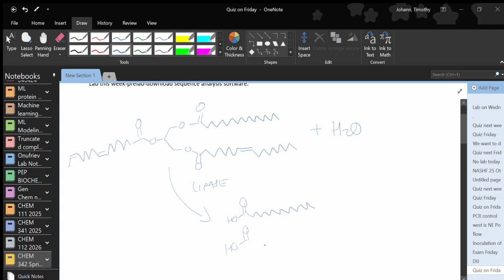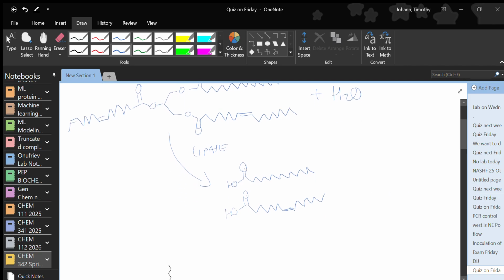Then we have one that has a double bond somewhere in the middle, and then we have another one that has two double bonds. And then plus we also have our glycerol left over.